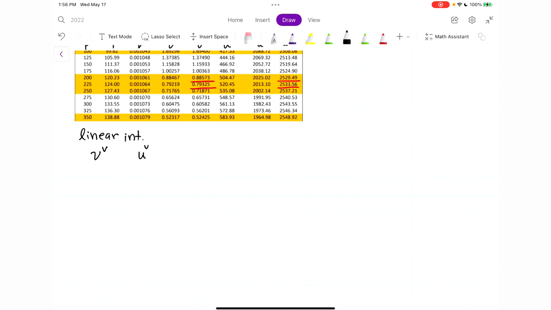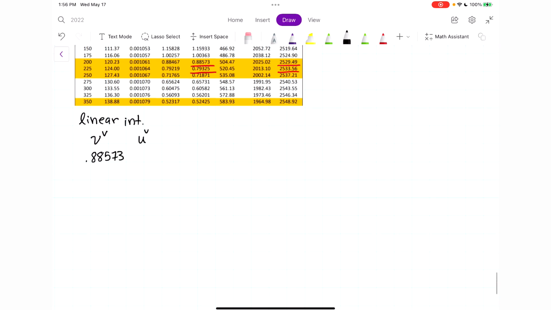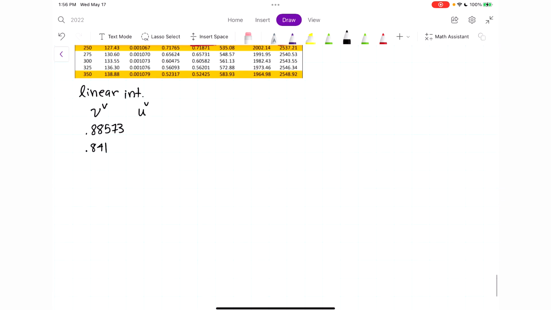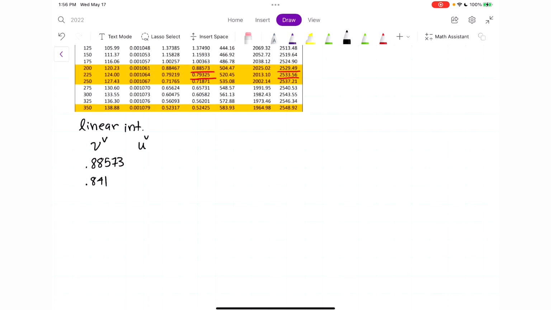What we have is 0.88573, and then the number that we want is 0.841, and then our lower boundary is 0.79325.